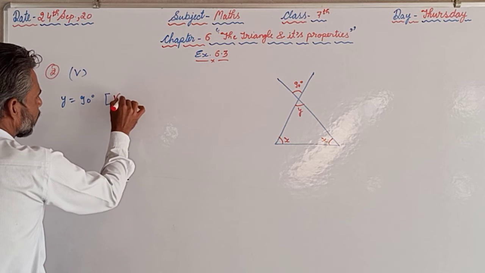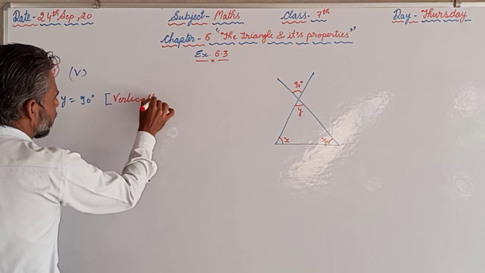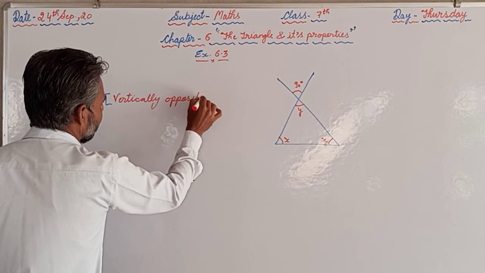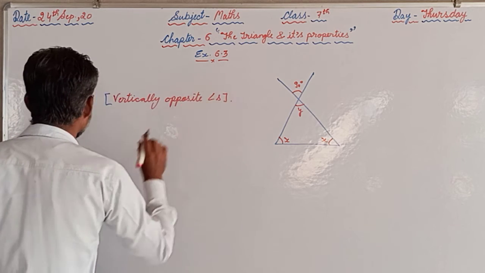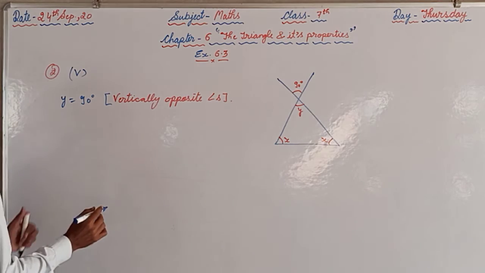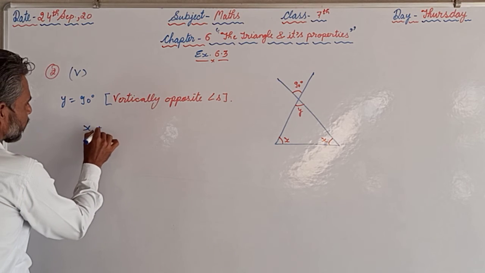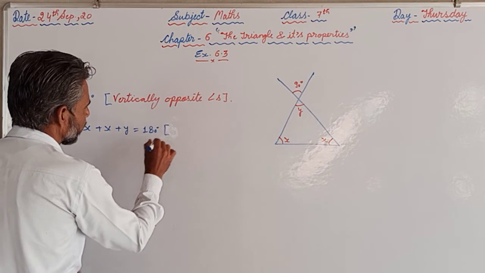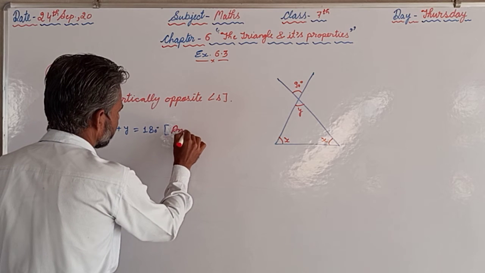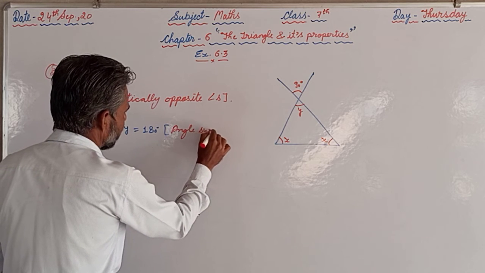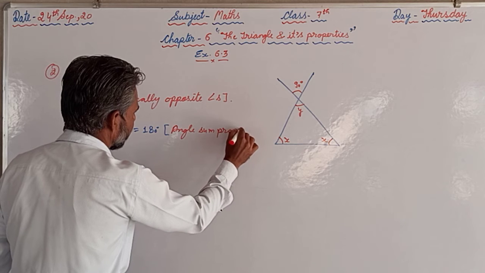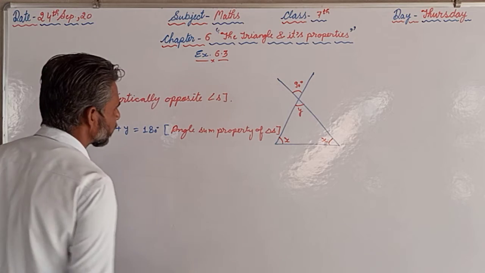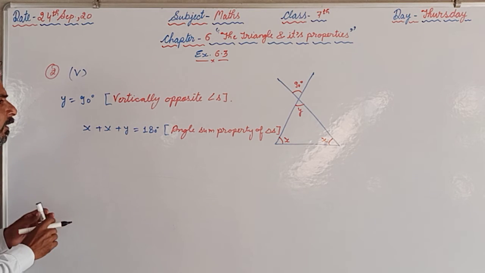So vertically opposite angles. Afterwards the sum of the angles of a triangle, that is x plus x plus y is equals to 180 degree. Angle sum property of triangles, as we have repeated many times, the sum of the angles of a triangle is 180 degree.